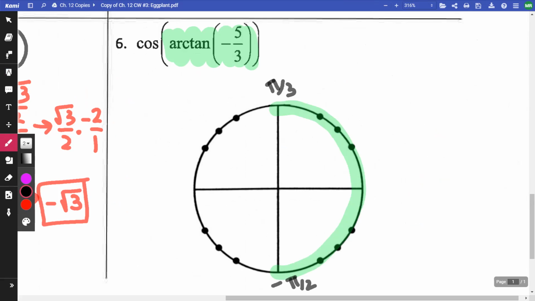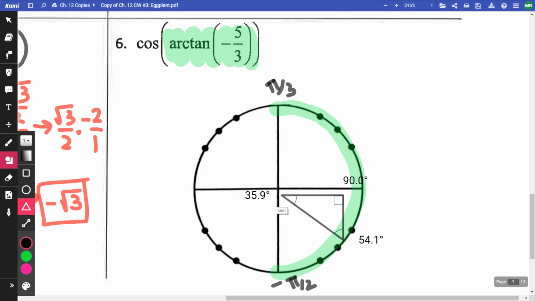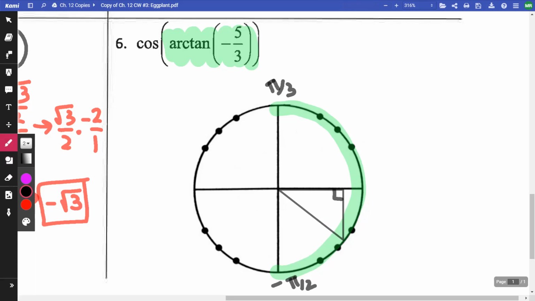This arctan is not going to be a value that's on my unit circle as one of these nice ones. I am just going to sketch out a right triangle. I'm going to grab this triangle, hold shift, and draw a triangle anywhere here. But it has to be in this quadrant, because my tangent is negative, and so I have to be in this quadrant for my arctan being negative.